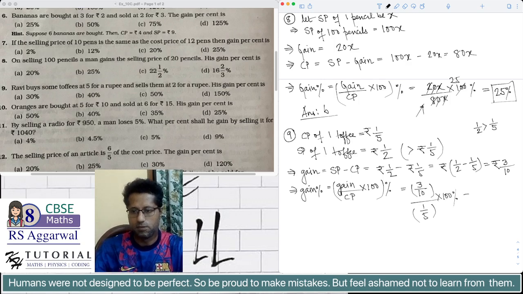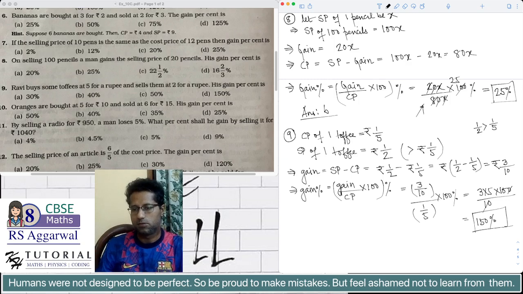This is equal to 3 multiplied by 5 multiplied by 100 divided by 10, which is equal to 150 percent. So the correct choice is D. D is the correct choice.